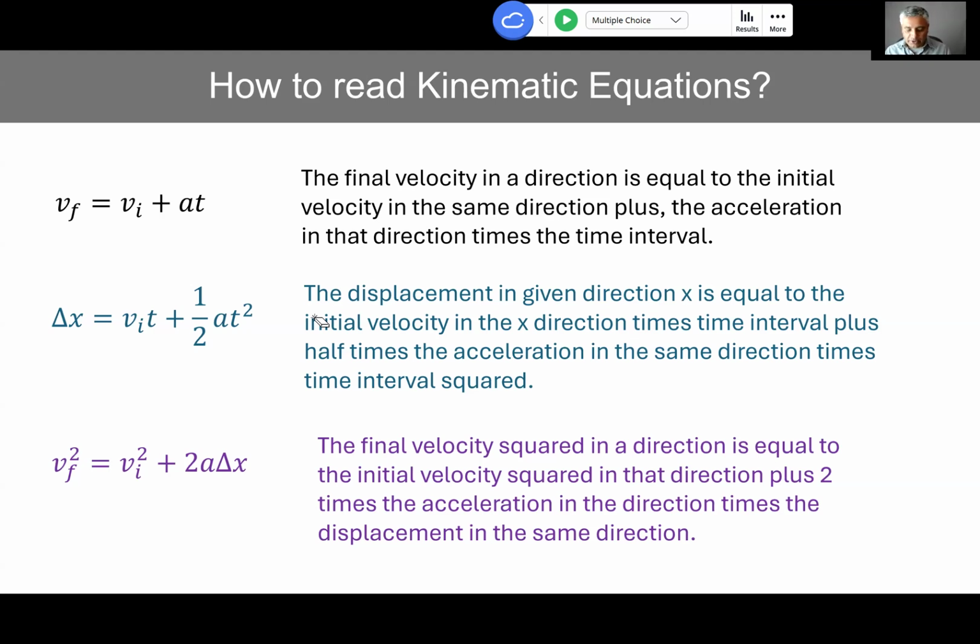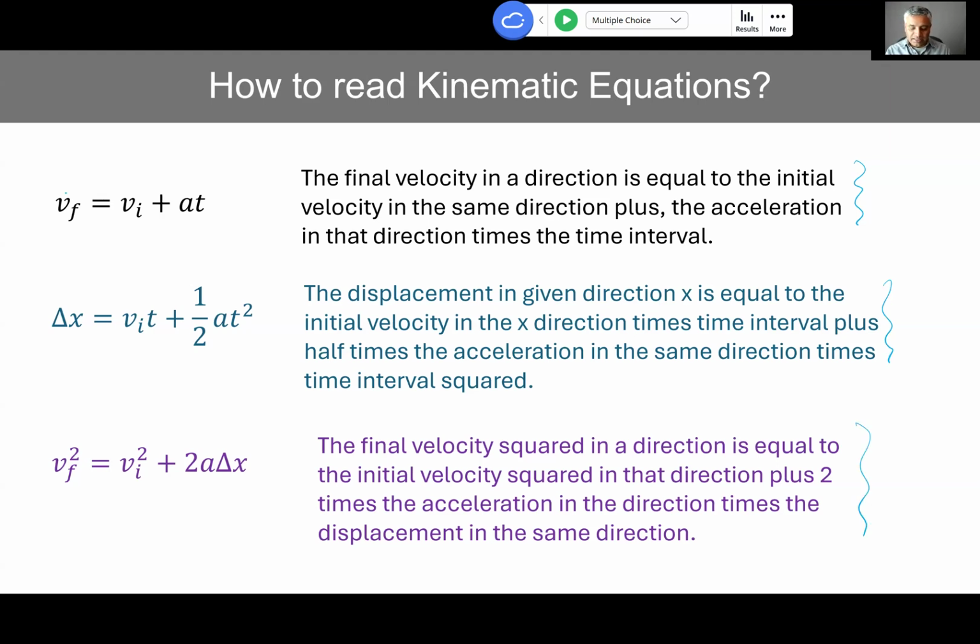If we read it as vf equals vi plus at, that may not make much sense. So we do not want to read the equation like that. Rather, we want to read it something like this.